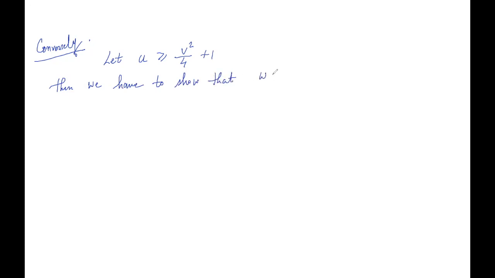So conversely, let u be greater than or equal to v square by 4 plus 1. Then we have to show that w, which is equal to u plus iv, is in f of omega. Here I divide this into 3 cases.